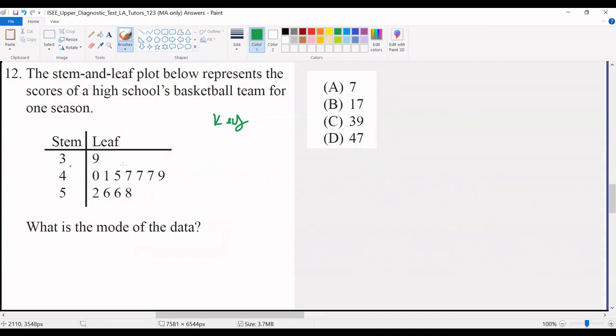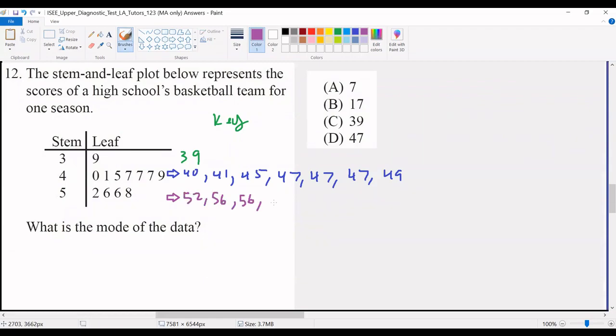So for this first row, it's really saying we have 39. And in the second row, we have 40. Then we have 41. Then we have 45, 47, 47 again, 47, 49. And something very similar in our last row. We have 52, 56, 56 again, then followed by 58.